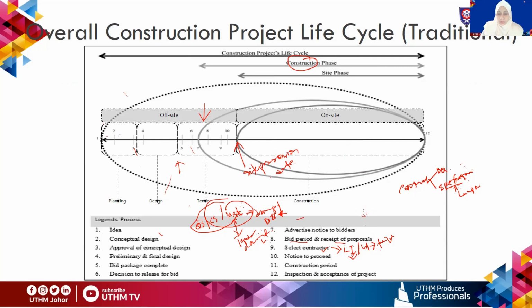Okay. So during this date, first task paling kurang, the contractor should do the kick-off meeting. Okay, itu paling kurang aktiviti untuk menandakan that contractor is officially starting the project.